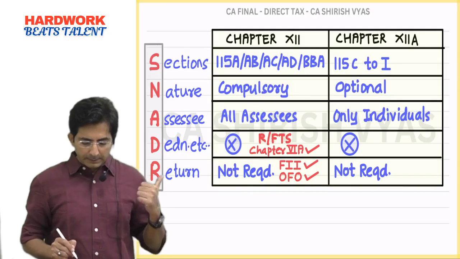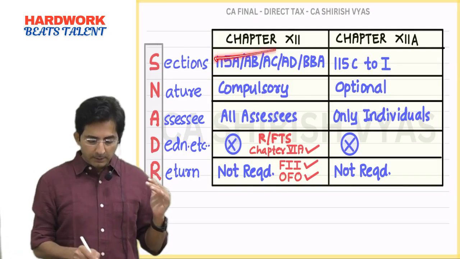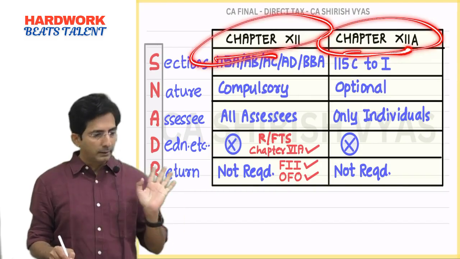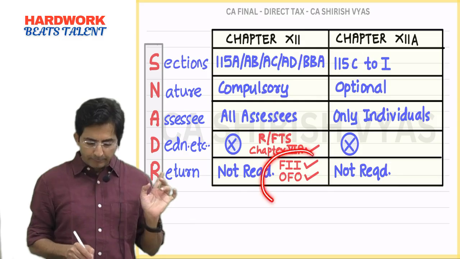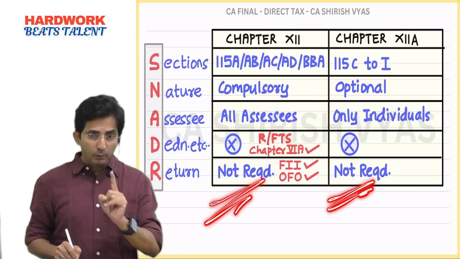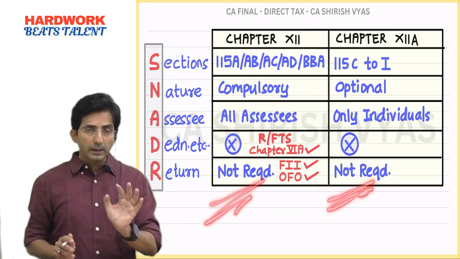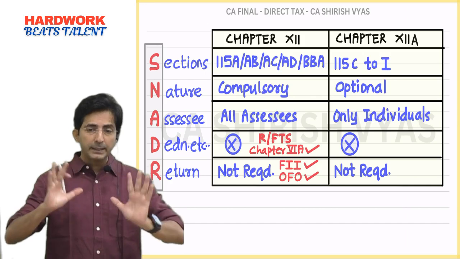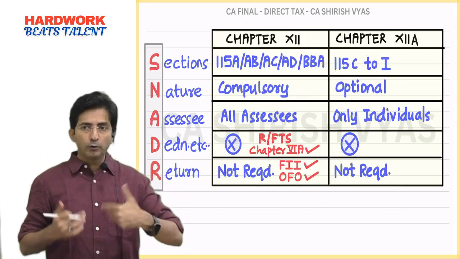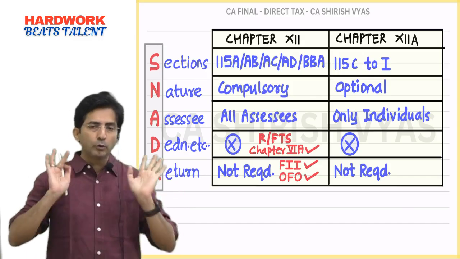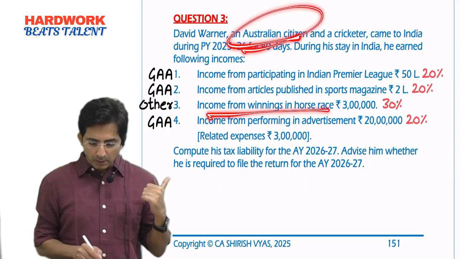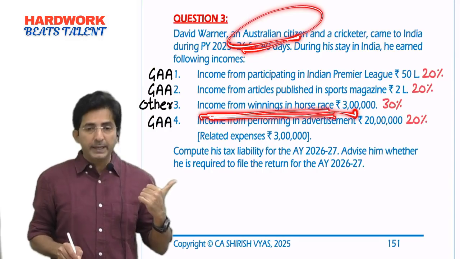So tell me, what did I say in my last lecture? Under chapter 12 and 12A, you are not liable to file the return except in case of FII and OFO. And return filing not required is subject to one condition, that you should have only those special incomes in India on which TDS has been deducted. If in India you have got general incomes also, then you have to file the return. So see, this cricketer has got some general income also in India, winnings.